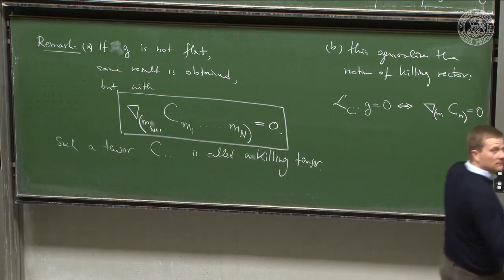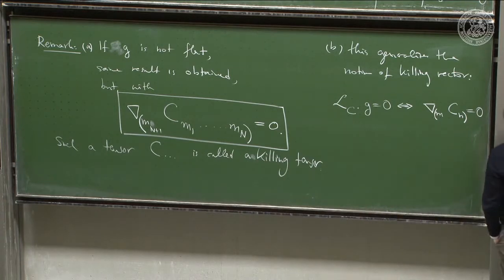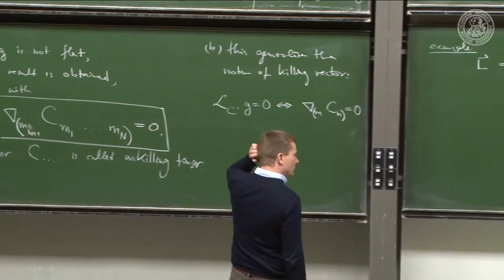Well, let's try, some more time left. Let's do an example. Let's take the angular momentum components. These are the q's cross p's in the correct setting. You know how that works.